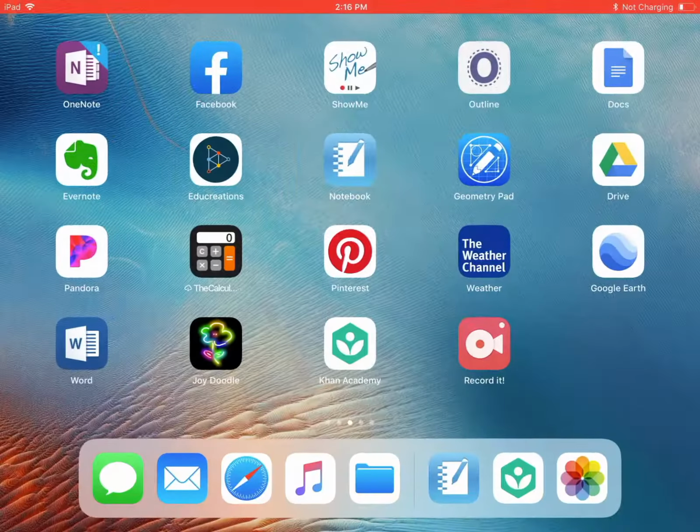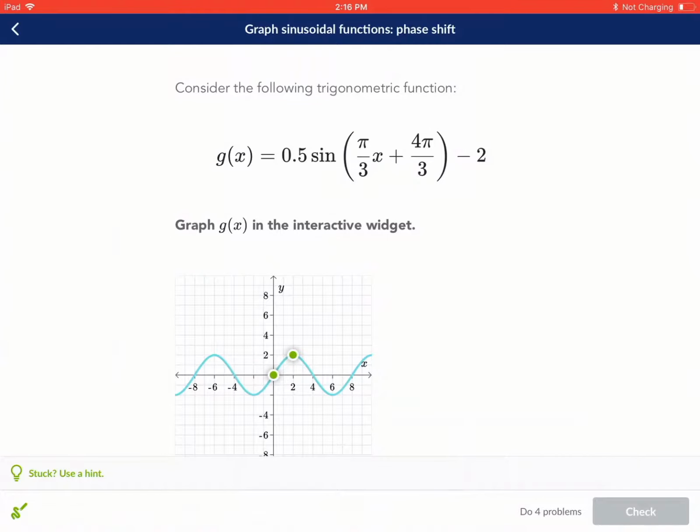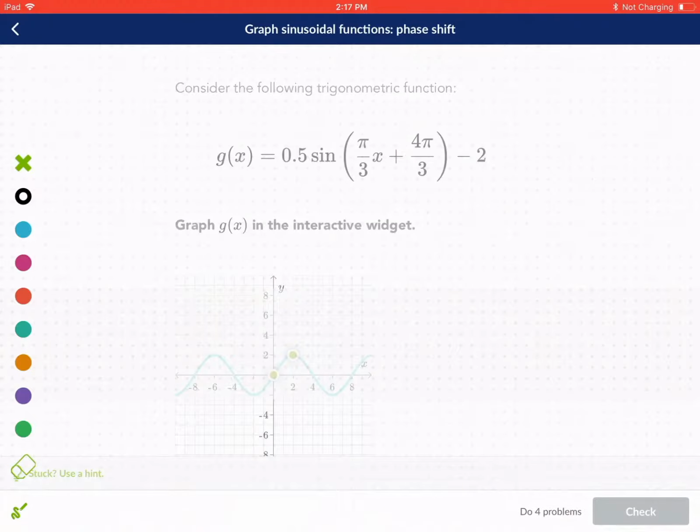All right, I've got some Khan Academy pulled up here, so hopefully me doing a couple of these will help you out. First thing, I know my amplitude is a half, my k is -2.